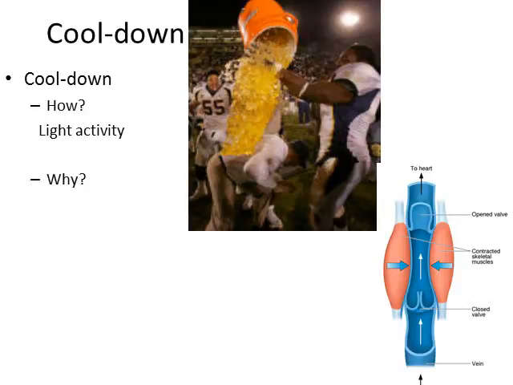You want to be able to slowly help use those muscle pumps and let your body slowly cause some vasoconstriction and stop sending so much blood out in your extremities, but then also use the muscle pumps to pump that blood back so you don't get pooling out in your extremities.